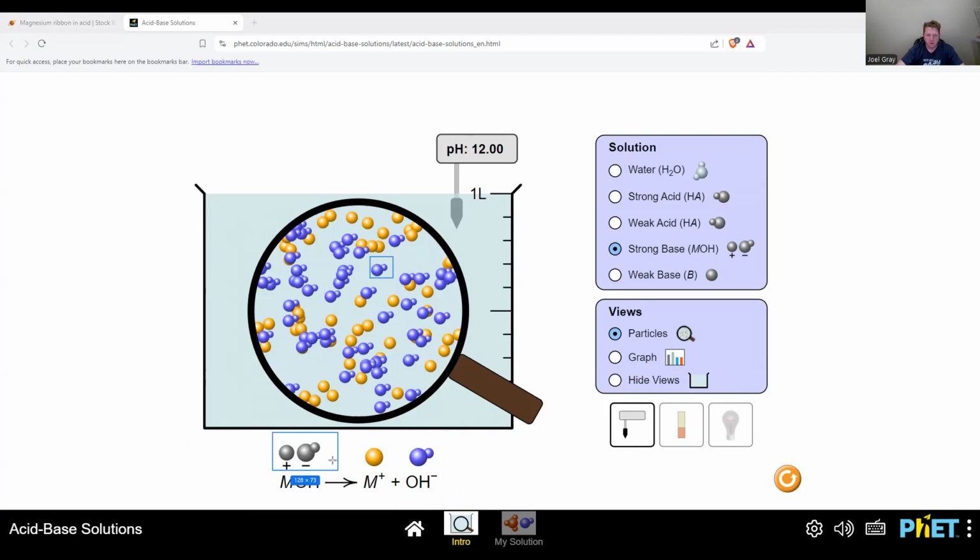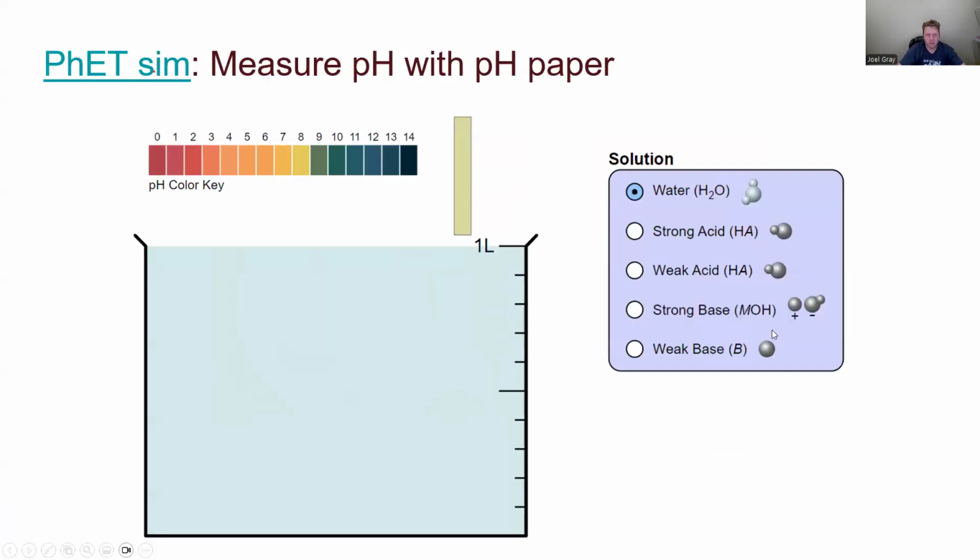How many of these things do we have in there? Basically none. We've got this, we've got this, here, and here, respectively. And that gives us a pH of 12. So I like that because it's a good cue of things. We could also do that with pH paper, but I like to have the quantitative measure with that.